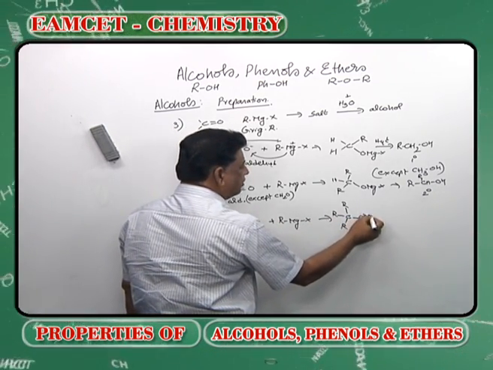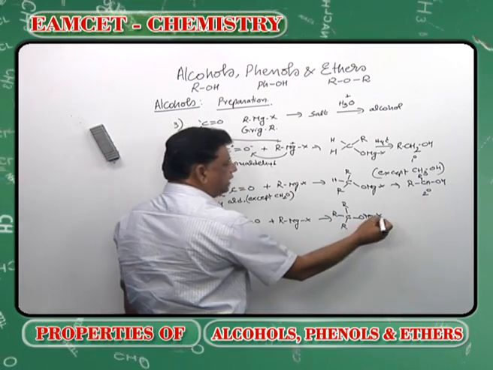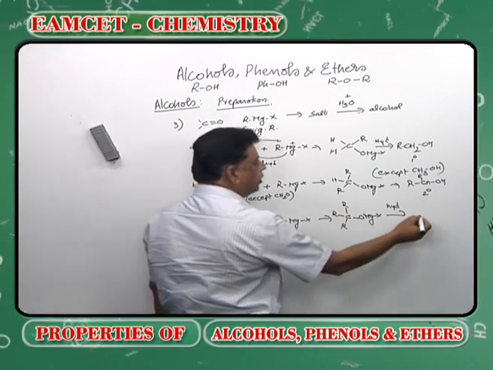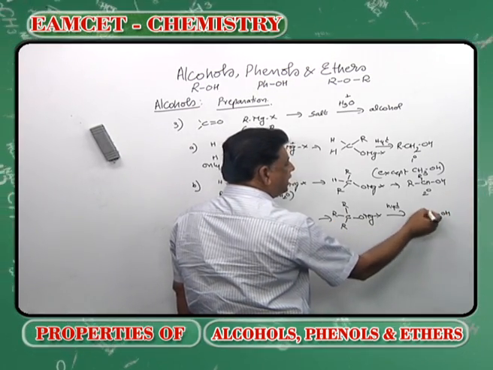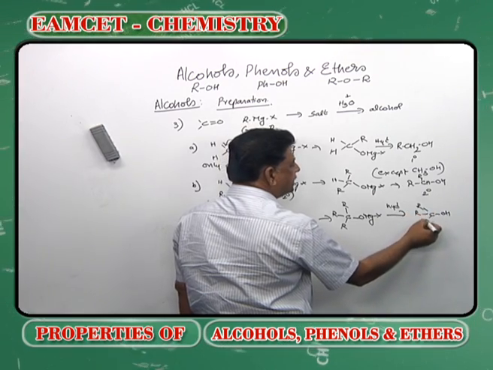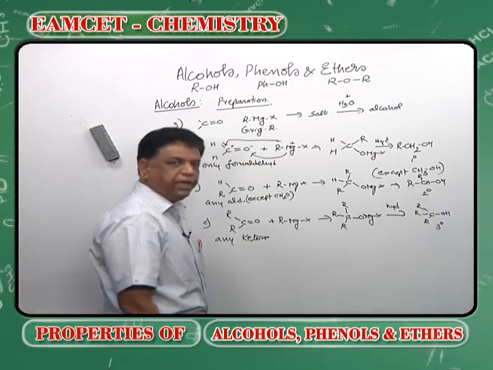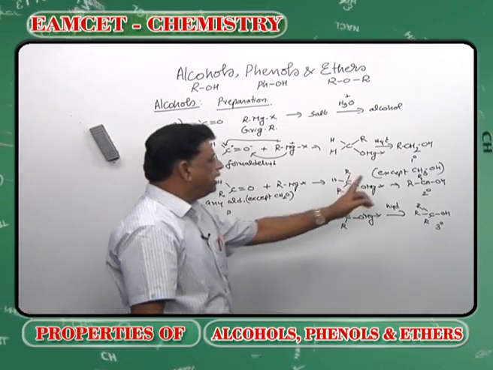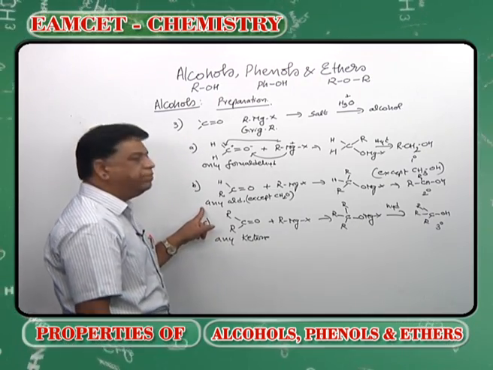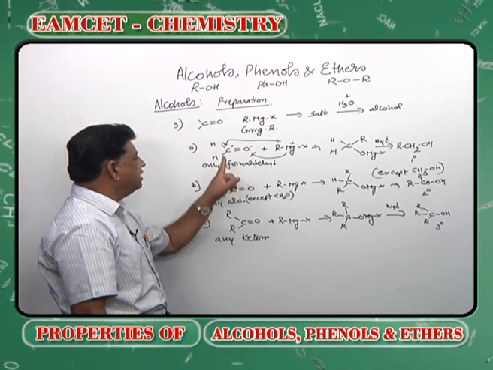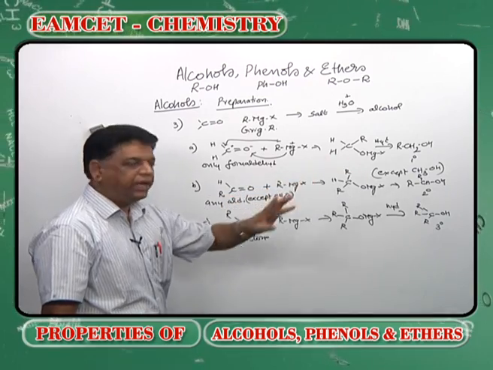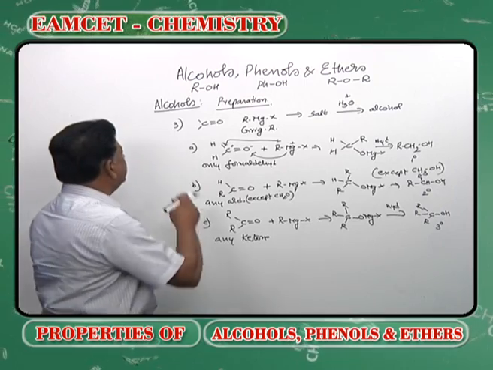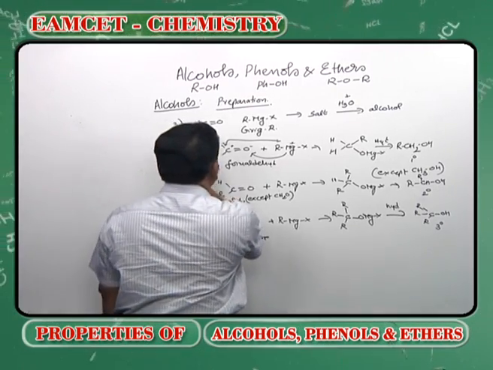So, OMgX will be formed, a salt of the tertiary alcohol, which on acidic hydrolysis makes the alcohol containing 3 R's, which means it is a tertiary alcohol. To prepare a tertiary alcohol, the carbonyl compound should be a ketone. To prepare 2 degree, the carbonyl compound can be any aldehyde except formaldehyde, because formaldehyde is going to give the 1 degree. So, all these 3 types of alcohols can be prepared in the third method.